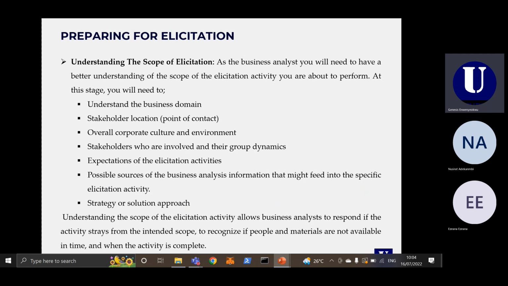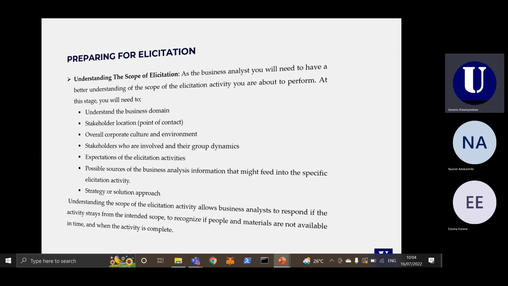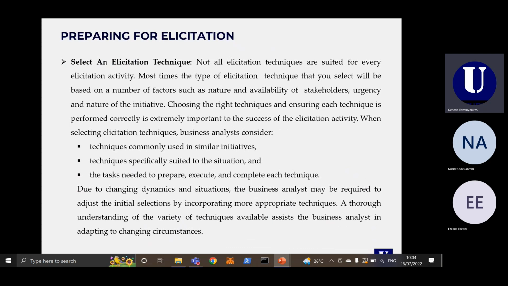So understanding the scope of the elicitation activity allows you, the business analyst, to respond to the stakeholders in case they are straying away from the activity's intended scope. It also helps you to recognize if people and material are not available at a particular time and when the activity is actually complete.